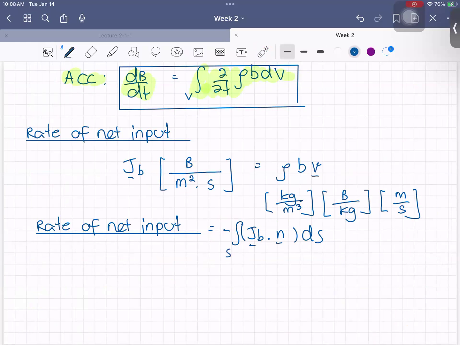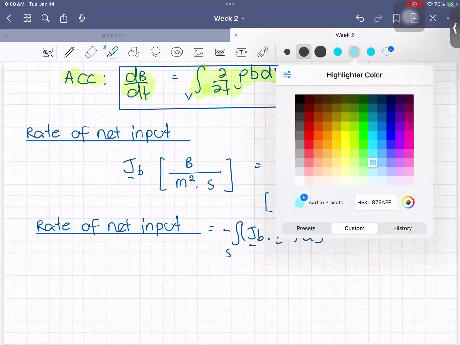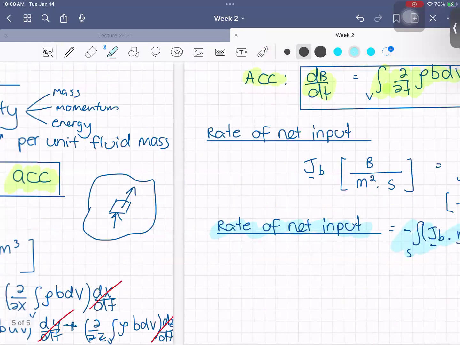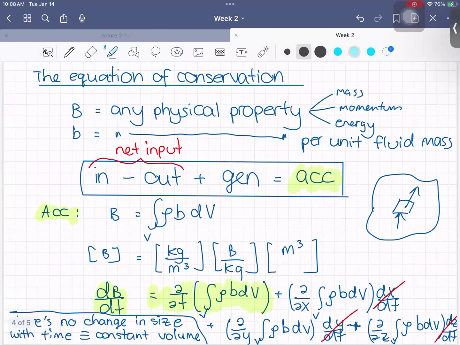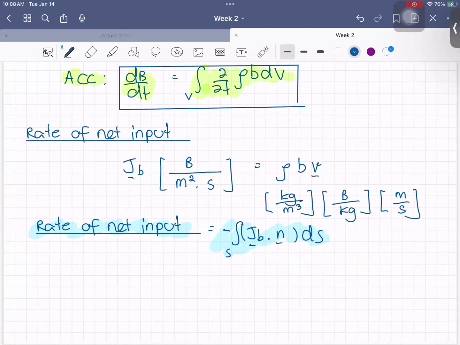Now we have another term here, which is the net input. I'm going to highlight this term. We're going to plug this term back into this equation, so right now we only have the generation term left, the rate of generation.